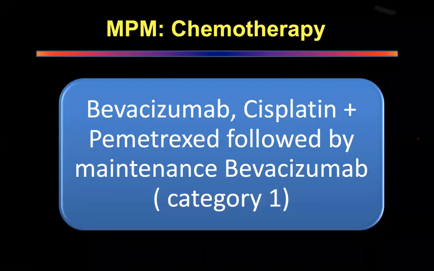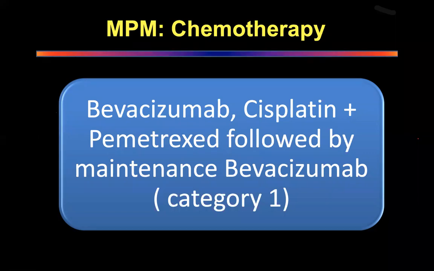So the first one was cisplatinum pemetrexed. The second one is you add bevacizumab as primary treatment and then follow it with a maintenance bevacizumab. Both of these are category 1 level of evidence, and both have got strong randomized controlled trials which have shown evidence of benefit in these groups.